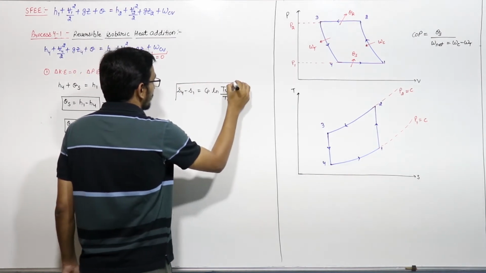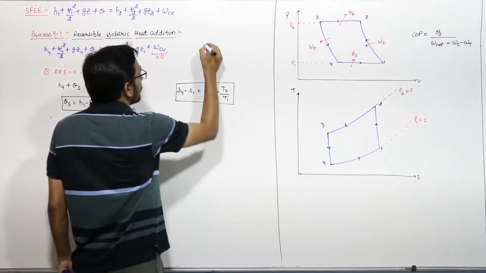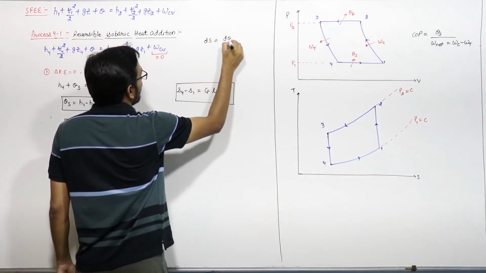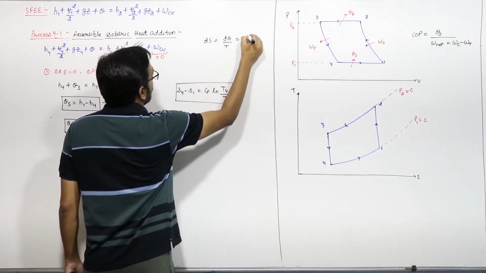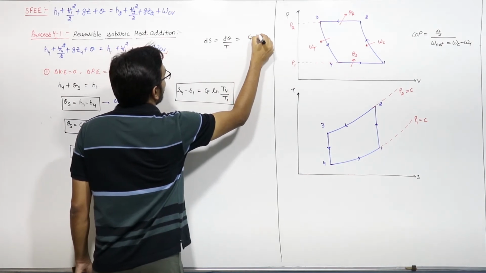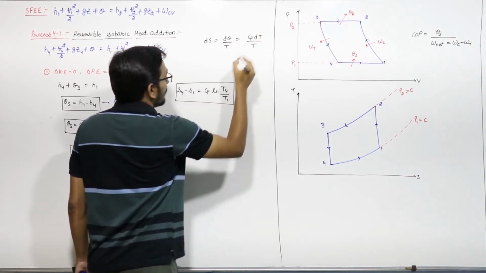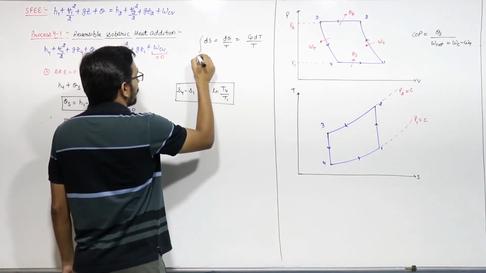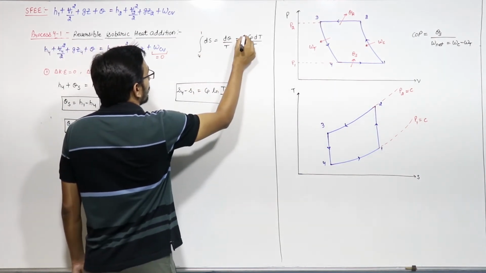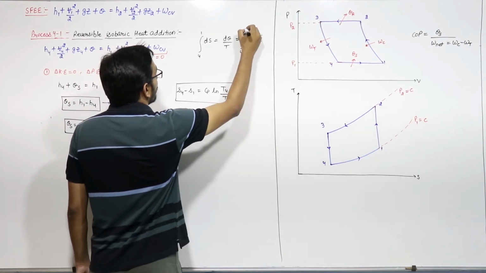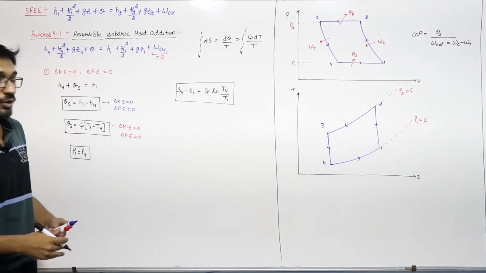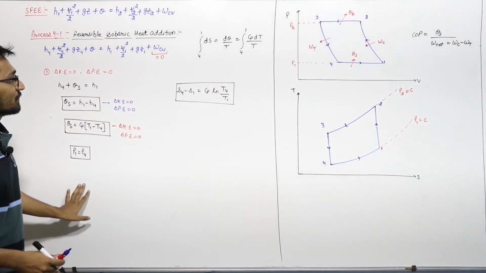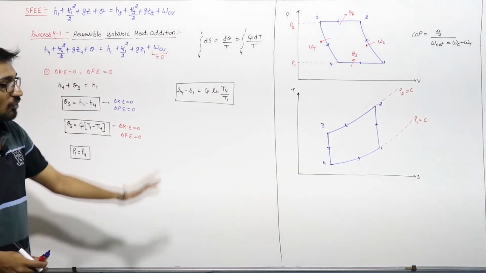From the basic equation ds is equal to dq by T, and in place of dq you can write Cp dT because it is a constant pressure process. So if I integrate it from 4 to 1, S4 minus S1 will be equal to Cp ln T4 by T1. So this is the process 4 to 1.